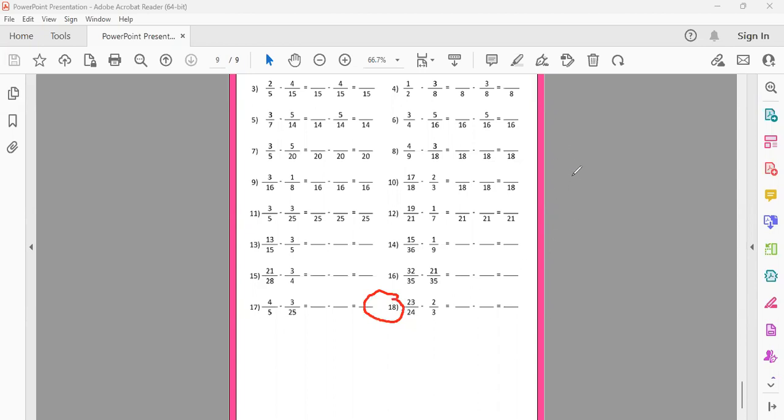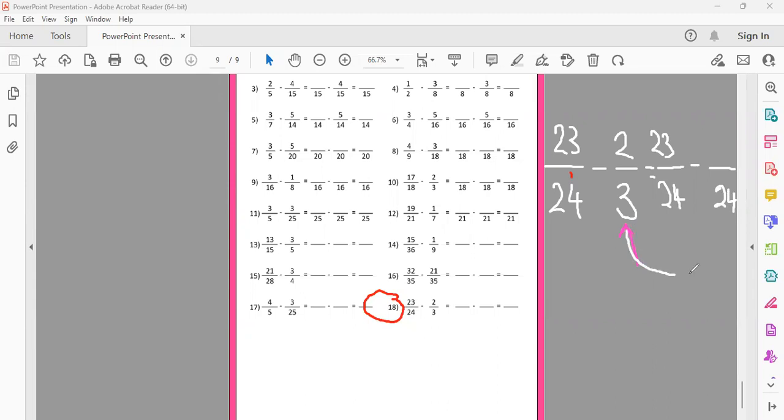Okay, so I have 23 over 24 minus 2 over 3. So obviously I've got to change something in my 3 here to make it also 24. All right, so I want to have a common denominator. So I'll take 23 over 24. But this time my 3 is going to change to become 24 as well. So how did the 3 become 24?